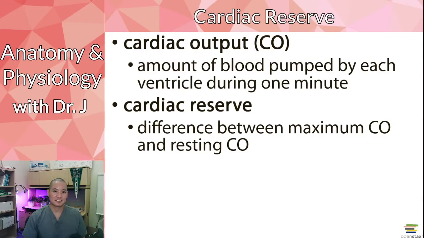But as we age, our maximum heart rate goes down. This is why cardiac reserve can be a measure of overall fitness. Say you have an athlete with a lower base heart rate who can jump up to the 200s. They actually have more cardiac reserve because they have more difference between their resting heart rate and their maximum heart rate. So it can be a rough estimate of cardiovascular fitness.